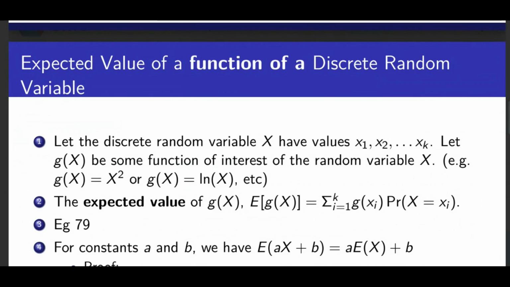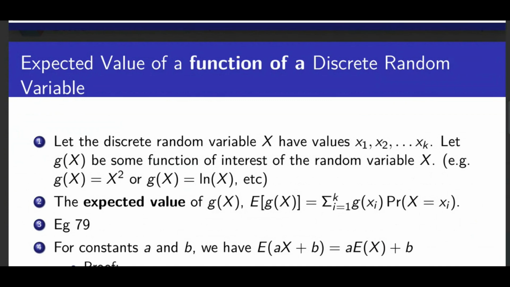Previously, I gave you the formula for plain old expected value. If it's just E[X], then you just take the X terms and scale by the probability. To compare the formula, if it's g(X) that you want to find the expected value of, you just dump the function in here and scale by the probability.